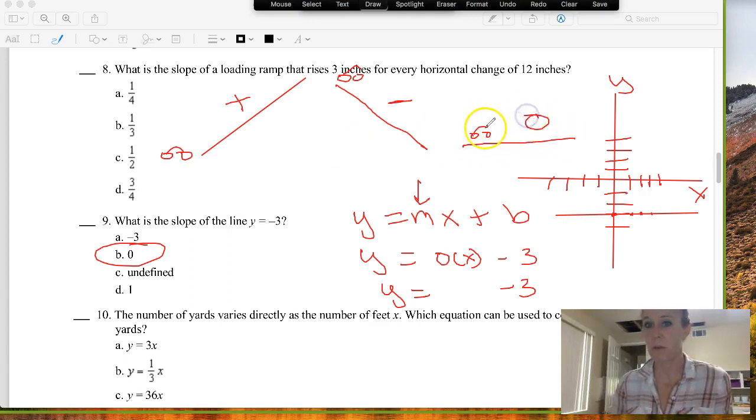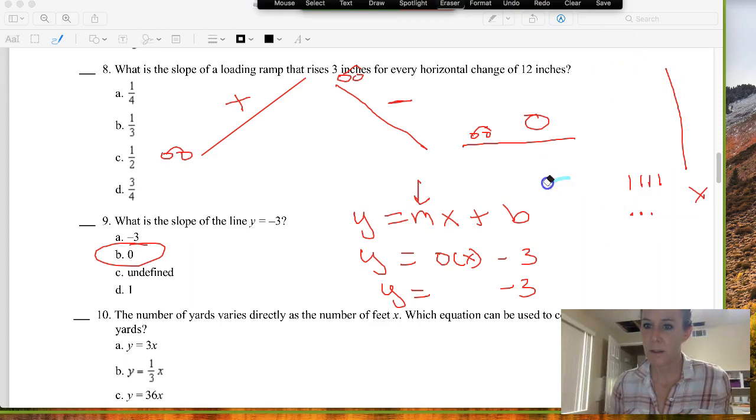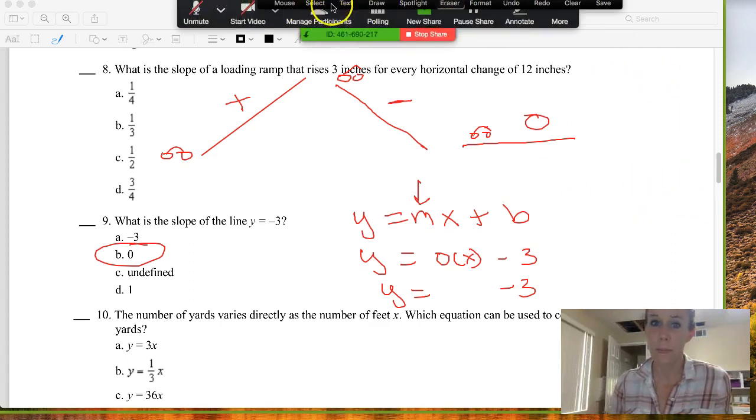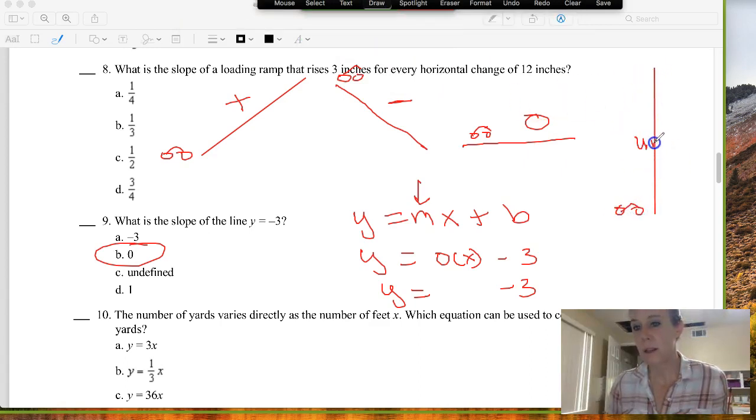Now what happens if you try to drive your buggy straight up a vertical wall? That's not very vertical, but let's pretend like it is. Let's erase this. If you try to drive your buggy straight up a vertical wall, that's weird. How do I drive my car straight up a wall? This is undefined slope.